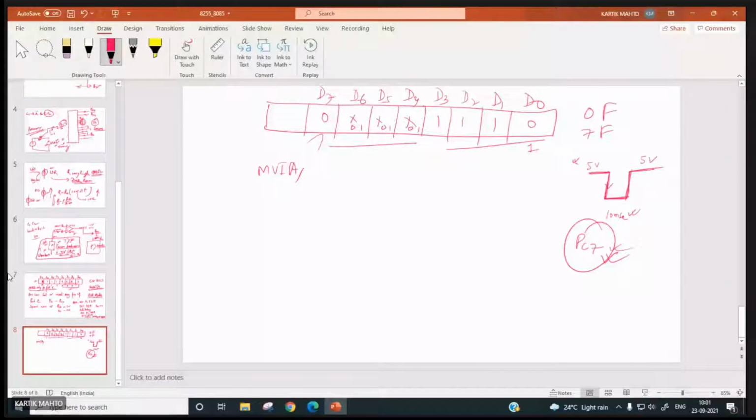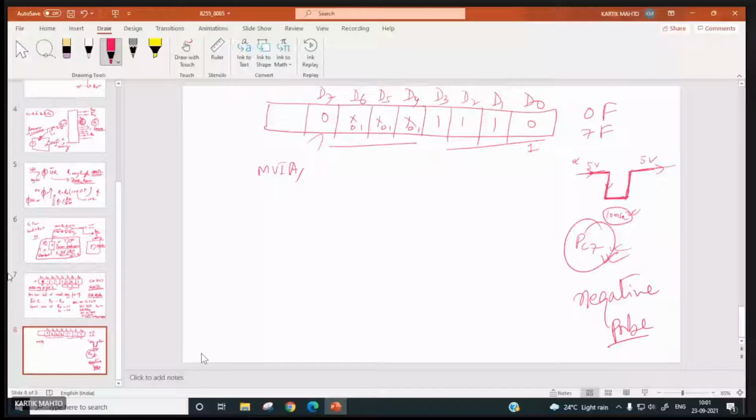Then for 10 millisecond, you have to make it 0 volt. This is called a negative pulse, and it will be used for triggering many circuits, which will be discussed by Solanki sir, probably in the next to next class.